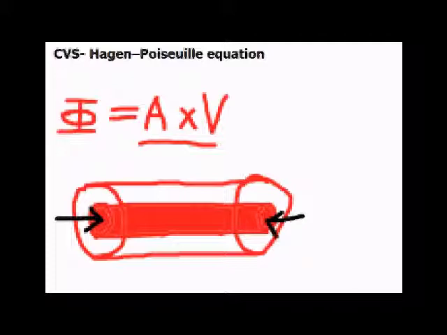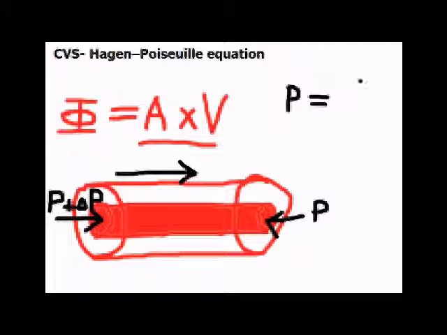So we're going to call this P, and we're going to call this one P plus delta P. And so the net force acting on this tube is in this direction here, and obviously pressure is equal to force per unit area.